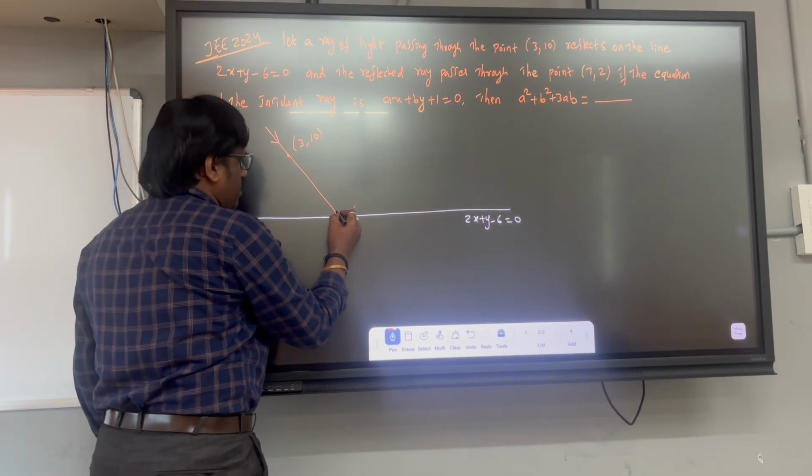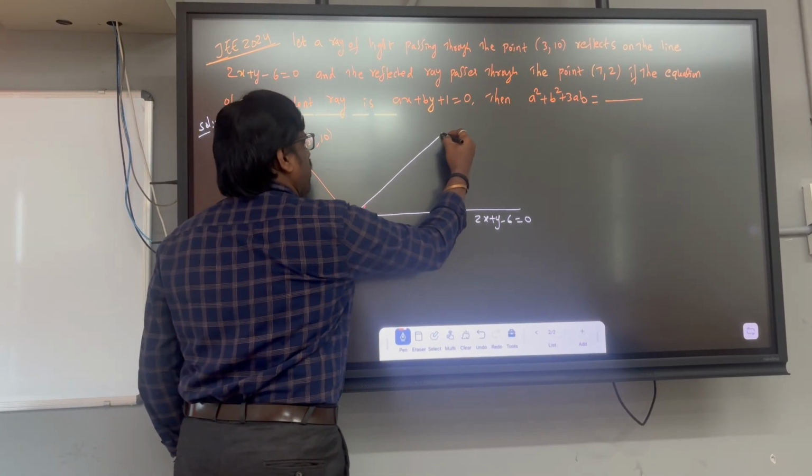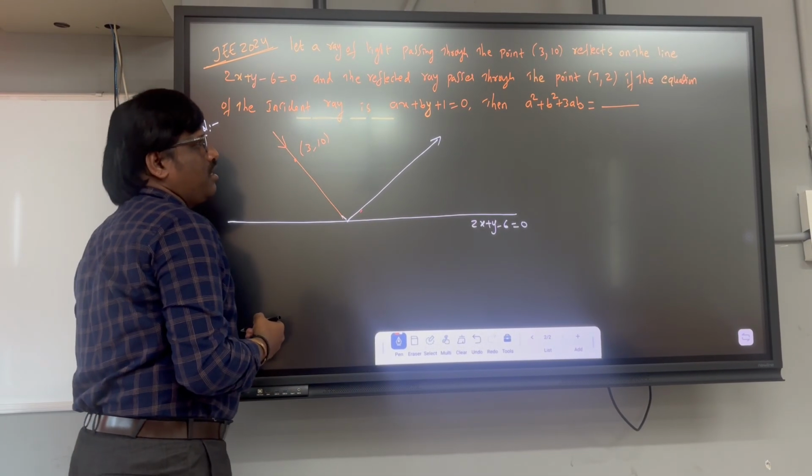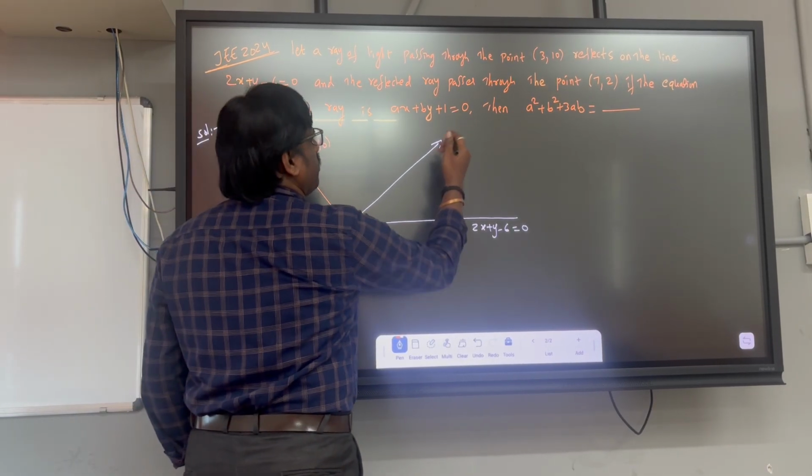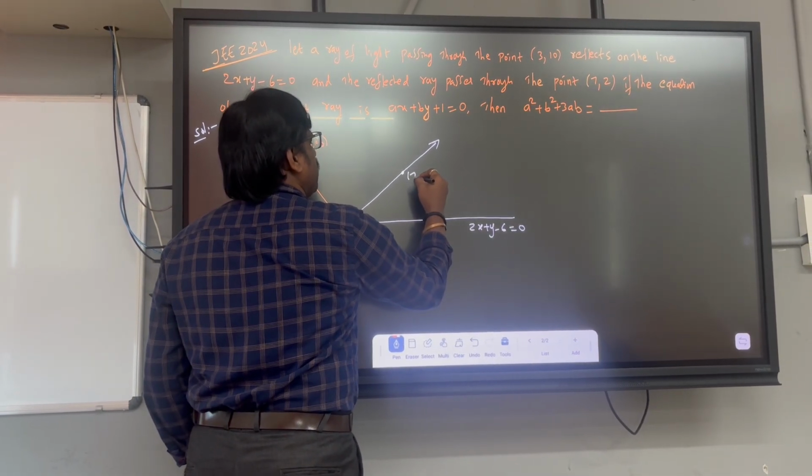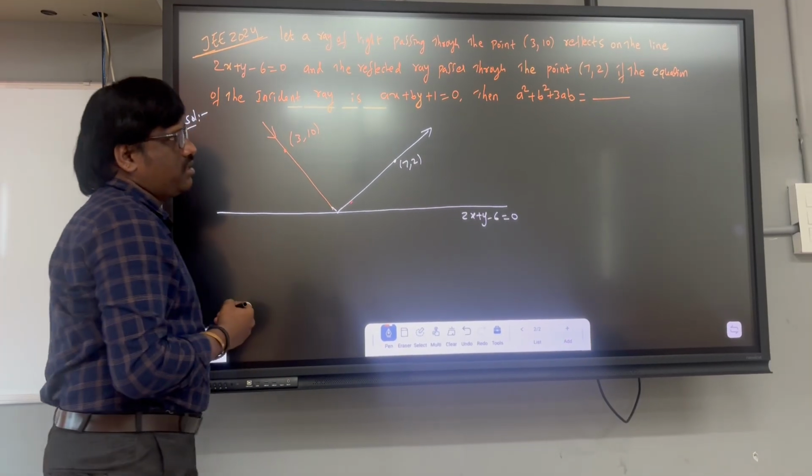When it is reflected here, the reflected ray will be like this. He is saying that the reflected ray is passing through the point (7, 2).